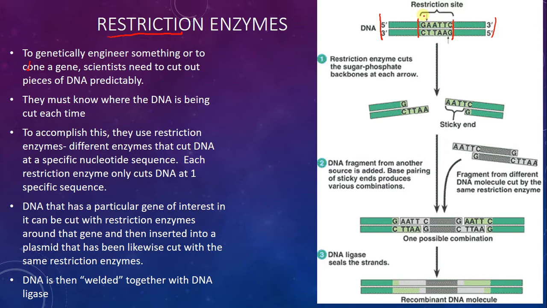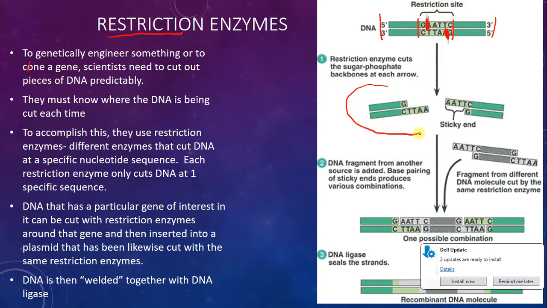And in that sequence, between each G and A, right here and right here, that restriction enzyme will cut DNA. So the restriction enzyme looks for its restriction site, and then cleaves or cuts DNA at a specific point in that restriction site. And what you get is pieces of DNA that look like this.